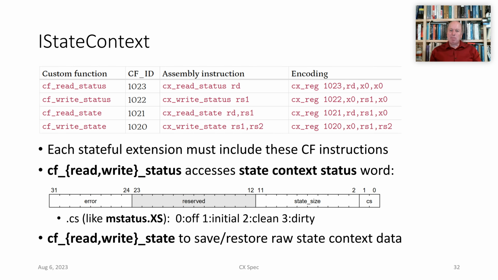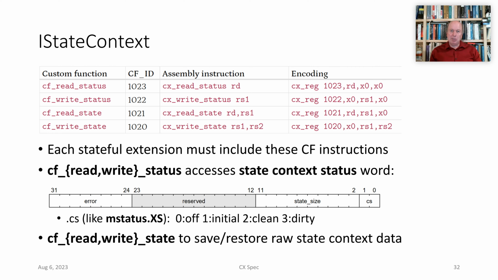The specification proposes a standard interface, iStateContext, with 4 standard custom function instructions that read and write extension status and state. Each stateful composable extension must implement these 4 custom function instructions. Read status and write status access a standard state context status word, indicating the operating status of the extension. The CS field can be off, initial, clean, or dirty.